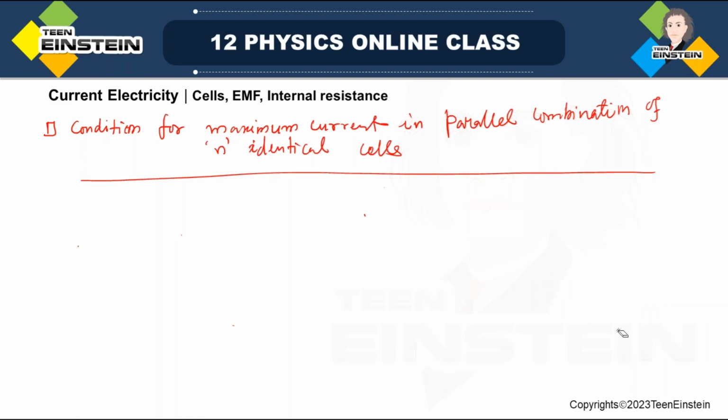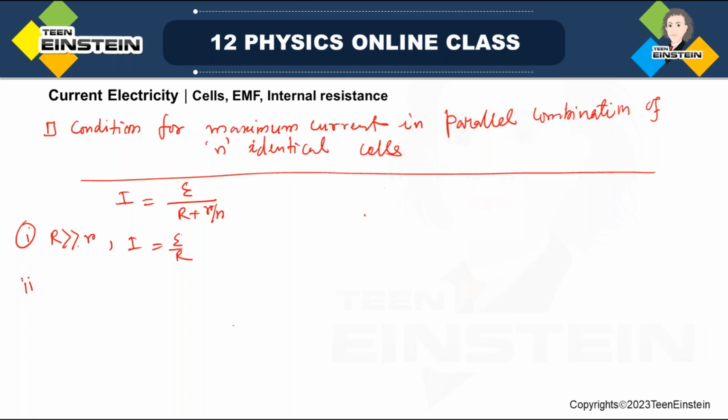Okay, now I have got the formula for the total current as epsilon by R plus r by n, sorry, r by n is the equivalent resistance in case of parallel combination. Now I have got two conditions. One is R much greater than r. So in that case, what will happen? The current will be like this.